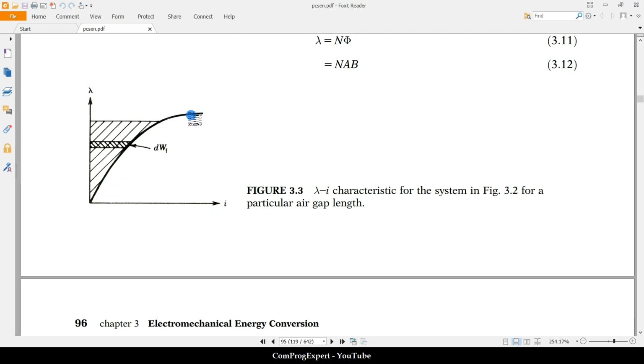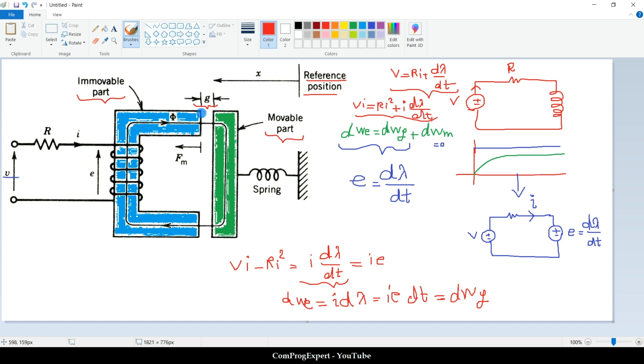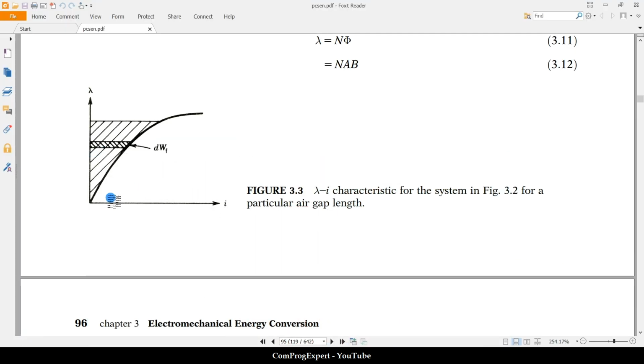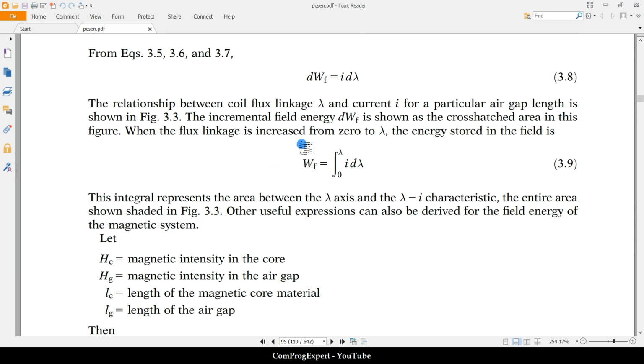This curve depends on the thickness of the air gap. When we change the value of the air gap, this curve will change. You know that. So here, the incremental field energy is shown as the cross-hatched area in the figure.